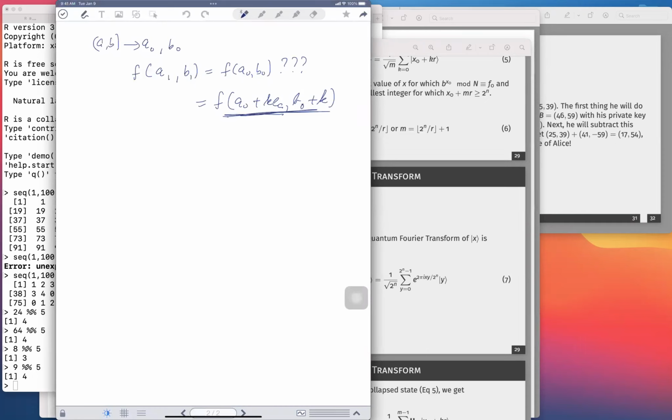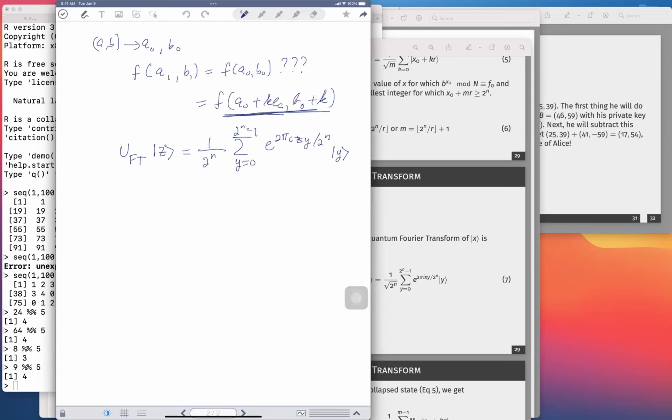According to the definition, the Fourier transform of, let us say, a qubit z is equal to 1 over 2 to the n, summation of y equal to 0 to 2 to the n minus 1, e to the 2 pi i z times y over 2 to the n, ket y.